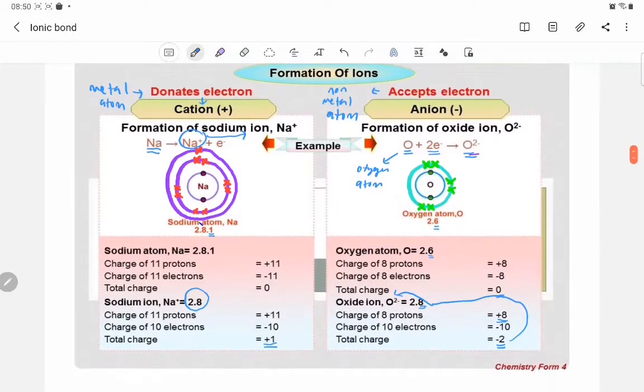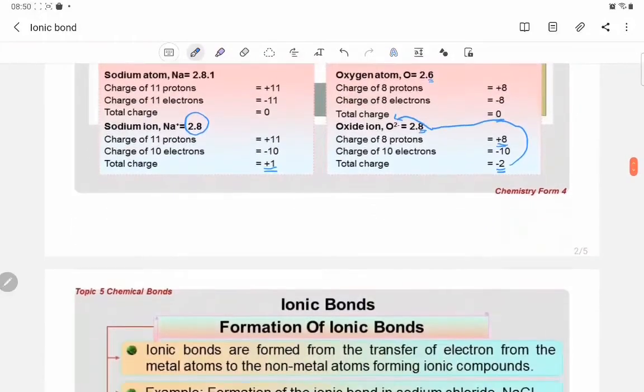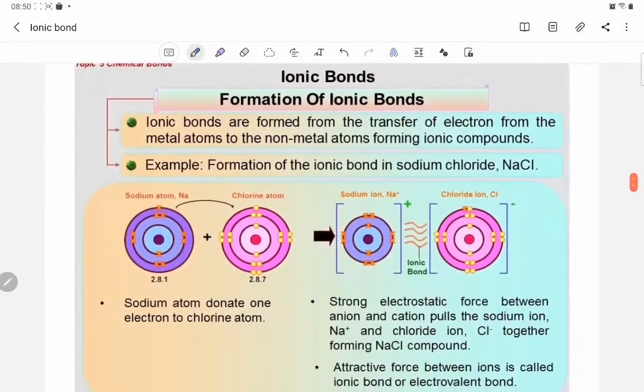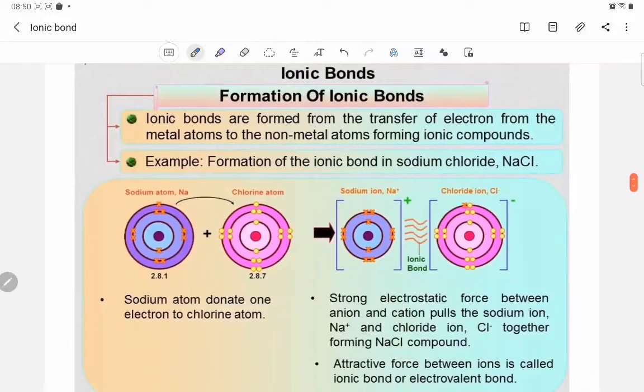So let's proceed to how the ionic bond is formed. Formation of ionic bond: ionic bonds are formed from the transfer of electrons from the metal atoms to non-metal atoms, forming ionic compound. So the keyword here is transfer of electron from the metal atoms to non-metal atoms.